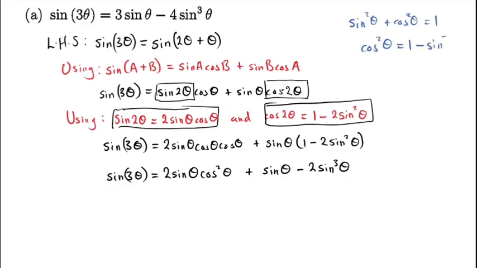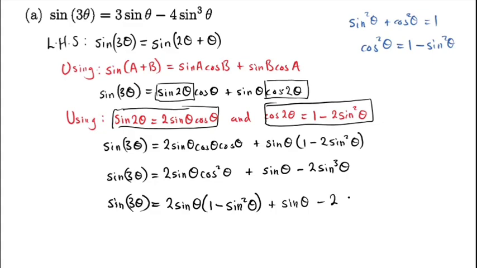So sine 3 theta is equal to 2 sine theta multiplied by 1 minus sine squared theta, then plus sine theta minus the 2 sine cubed theta.